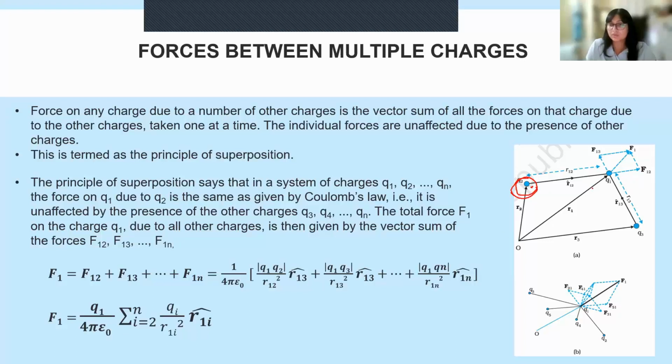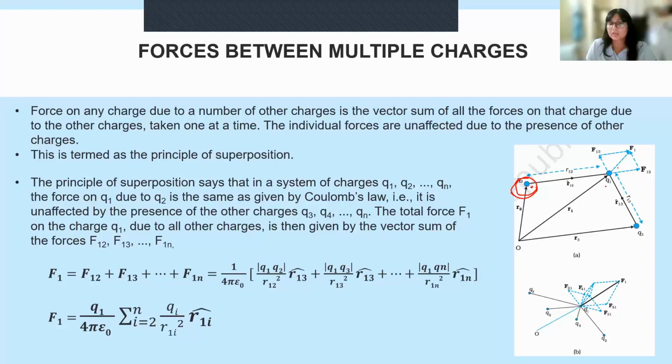So first, suppose we take q1, and we calculate the force on q1 due to q2, q3, q4, say. Over here we have only q2 and q3. The force on q1 will be the vector sum of all the forces acting on q1.